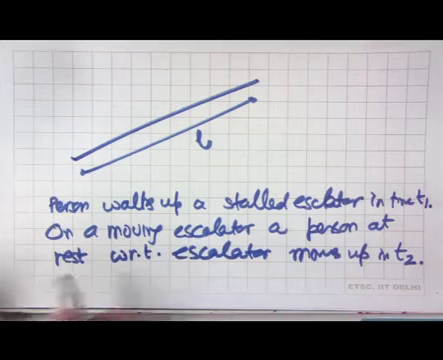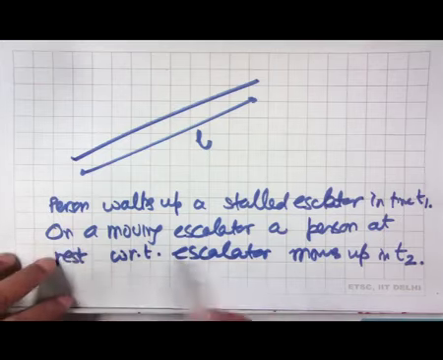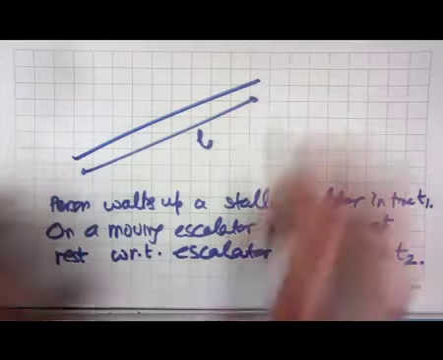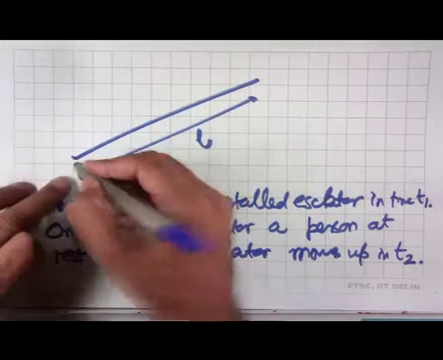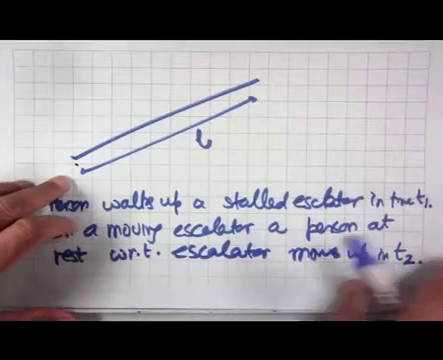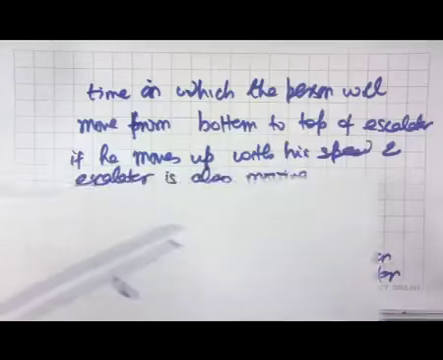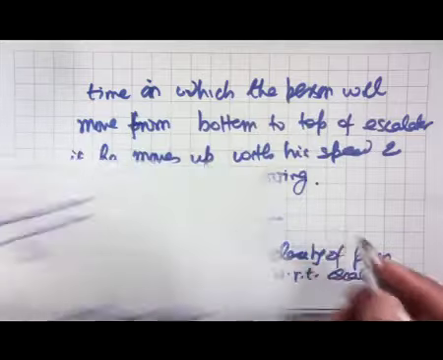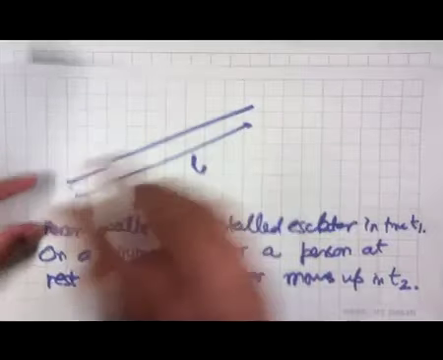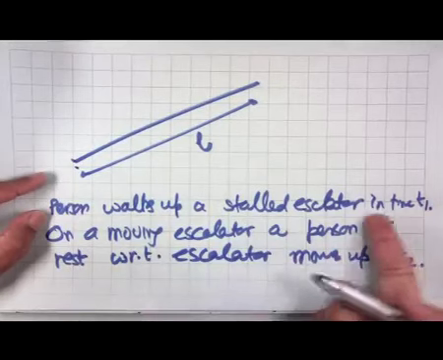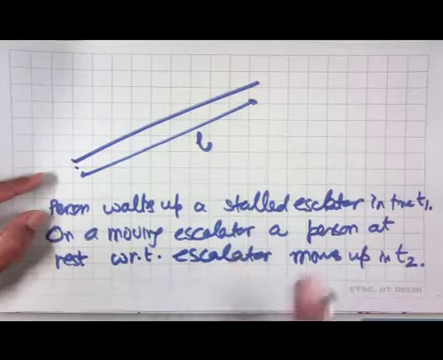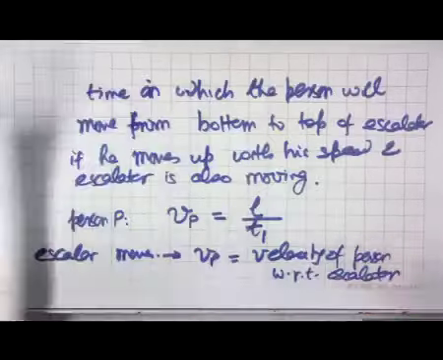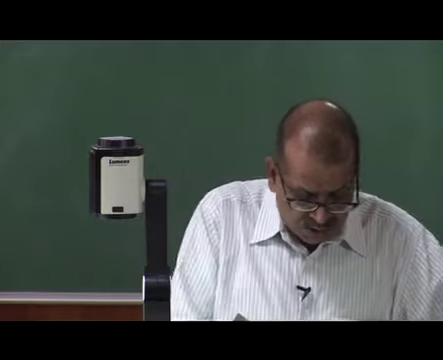Now, it is also given that on a moving escalator, if the escalator is moving and the person just stands there, then he reaches from bottom to top in time t2. Now, we have to find the time if the person is moving at the speed which we have specified and the escalator is also moving, then how much time will the person take to go to the top? So, this is what we want to find out.